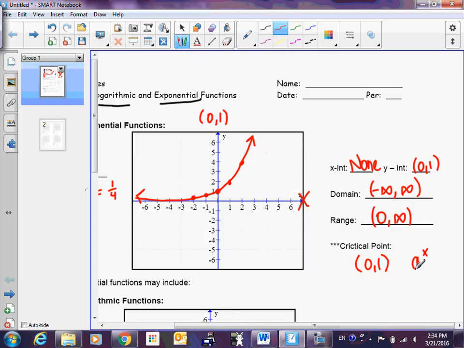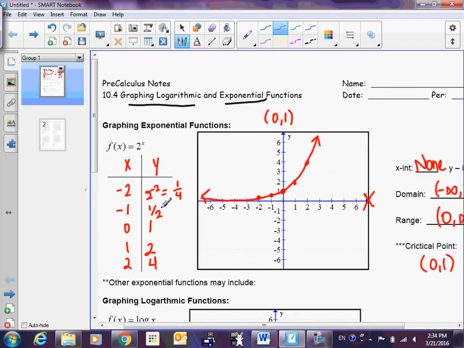It has to be like a legitimate number. If you take a, the only point all of those share is 0, 1. So if I change this 2 to like 3, it would still look pretty much the same. It'd be a little steeper, but it'd look the same, and it would have that same critical point. That's like the fixed point on the graph.